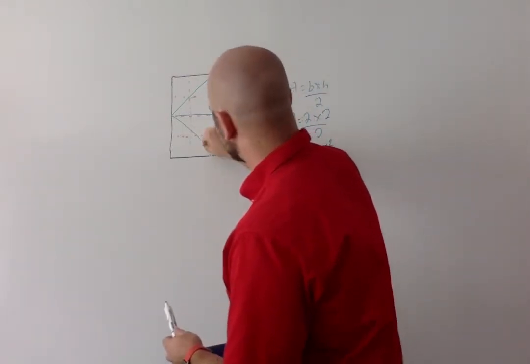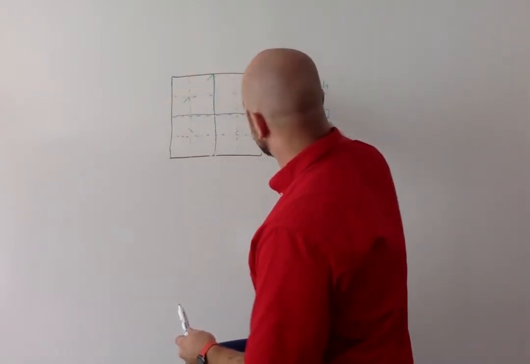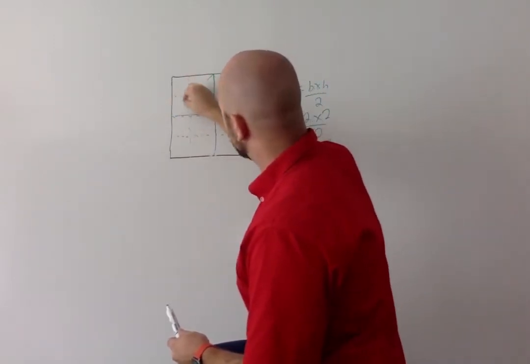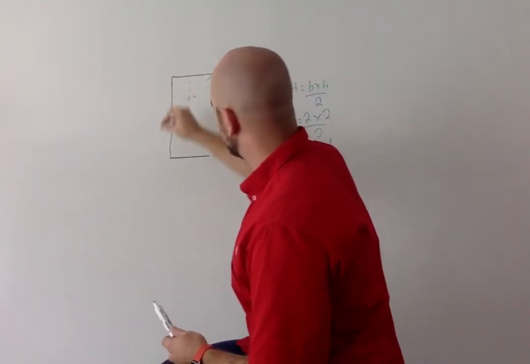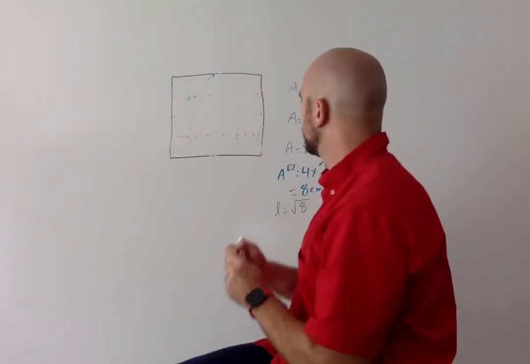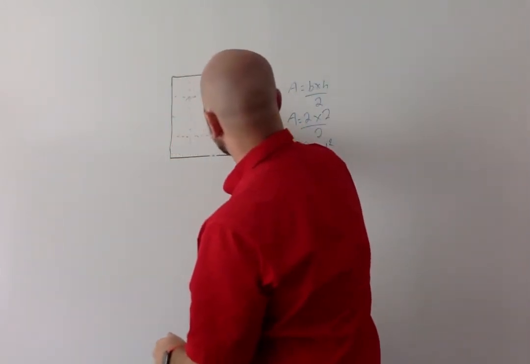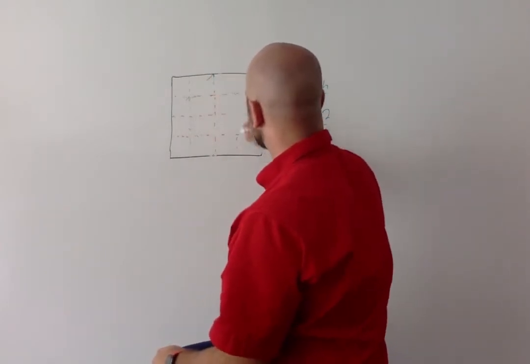So what if I erase these triangles, and I'm going to come up with a different square. I'm trying to keep my lines as good as possible so that you can still see. Maybe I'll redraw them quickly. So you can still kind of see that it's a 4 by 4 section.